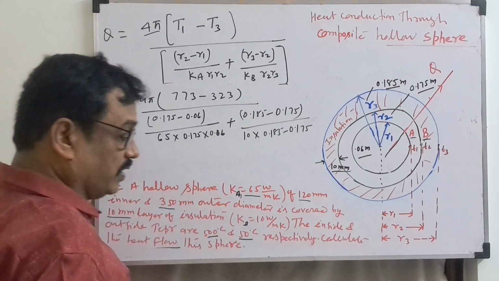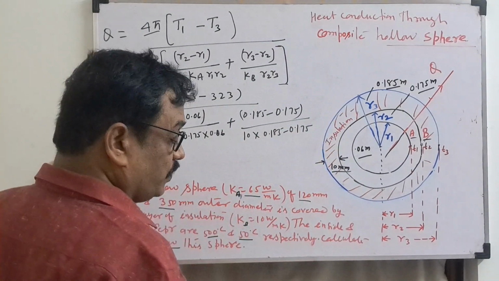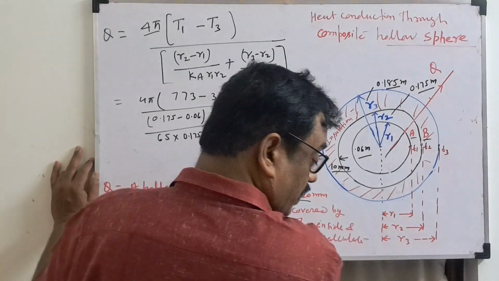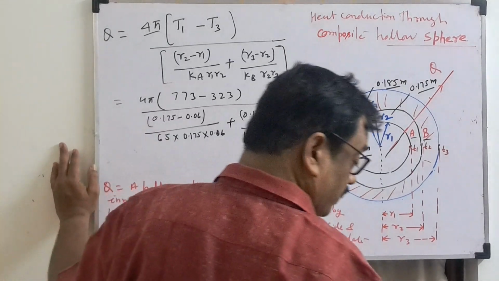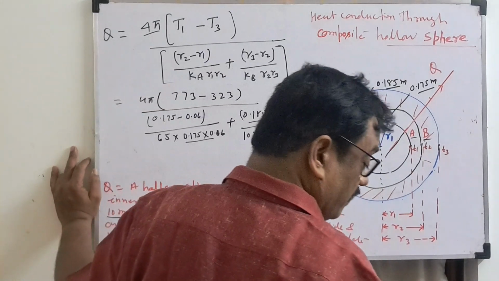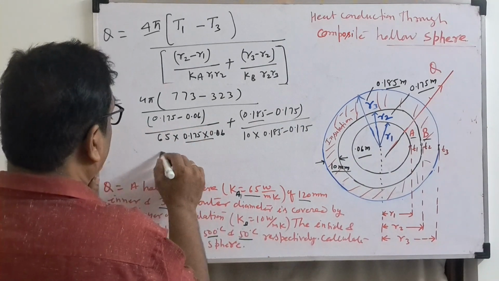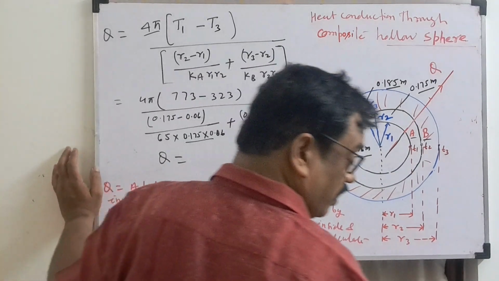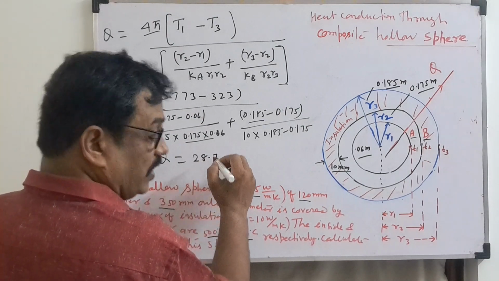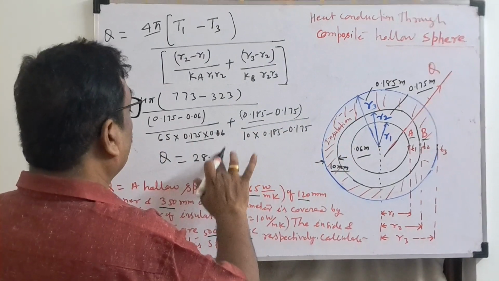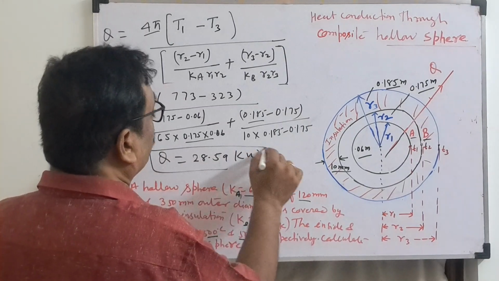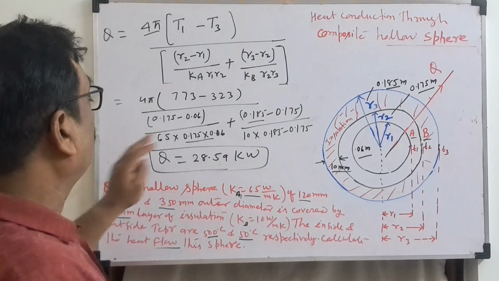So both values we substituted. Check the values 0.175 and 0.06. Then 65 is given. Now if we solve this, Q we are getting is 28.59 kilowatt. If in watts, a very big answer will come, so divide by 1000 to get kilowatt.